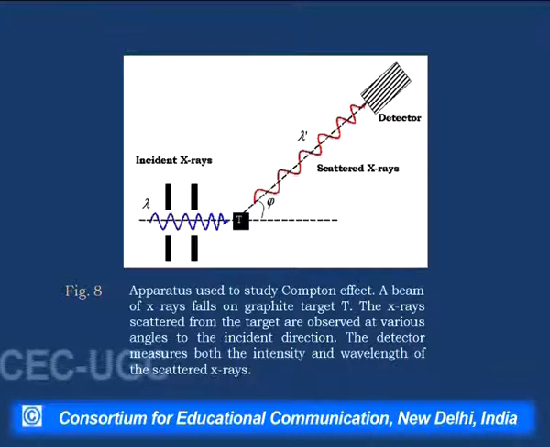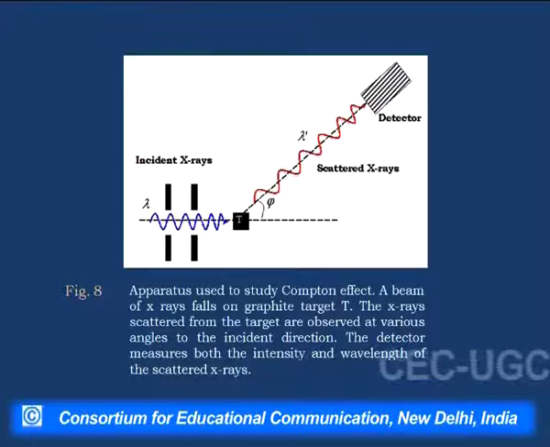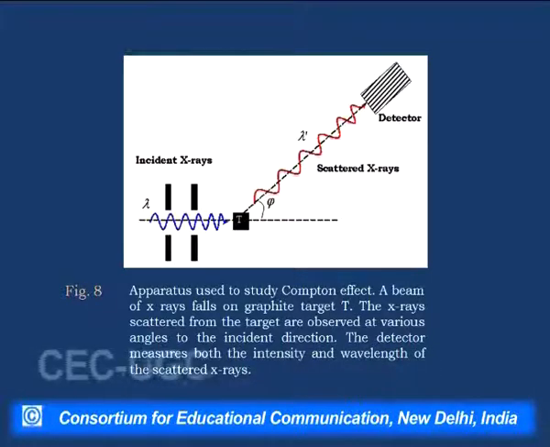After scattering, the scattered X-rays are detected by this detector, which measures intensity as well as wavelength. That means we can move this detector to different angles and record the wavelength and the intensity of the scattered radiation. So, we have here monochromatic X-rays, and this is a target of graphite, a carbon material.